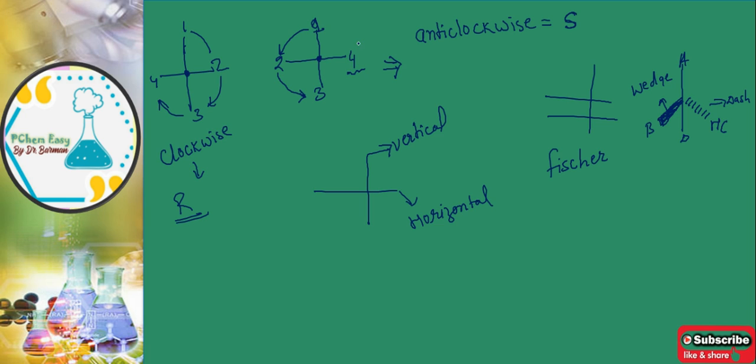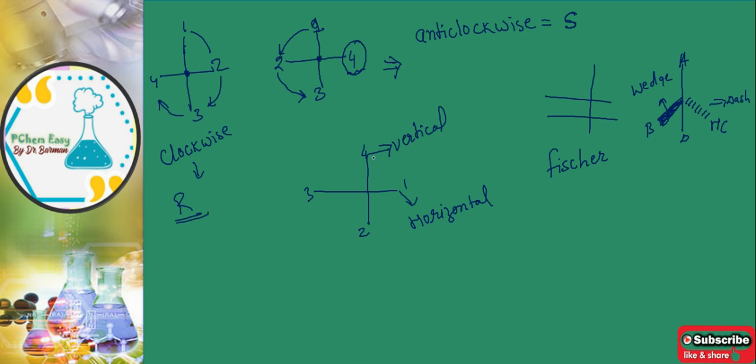We will have to see where the fourth group lies. As you can see here, the rule in Fisher configuration says the fourth group must be in vertical position.